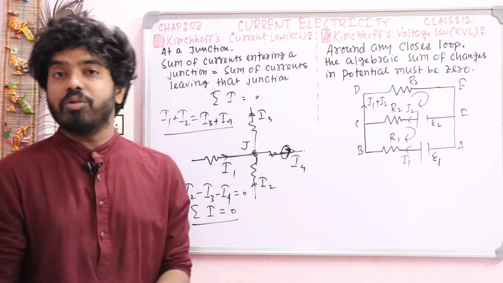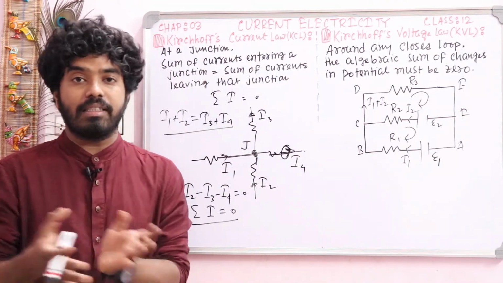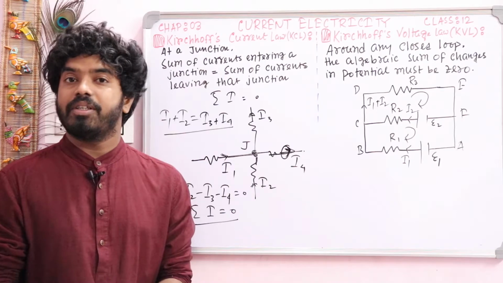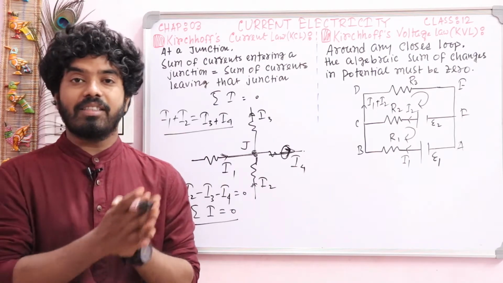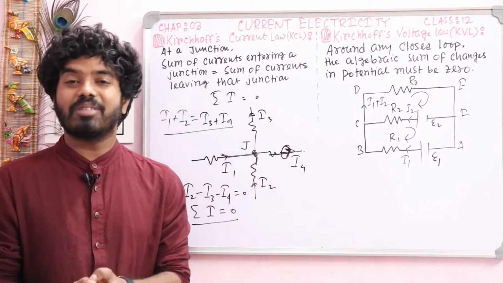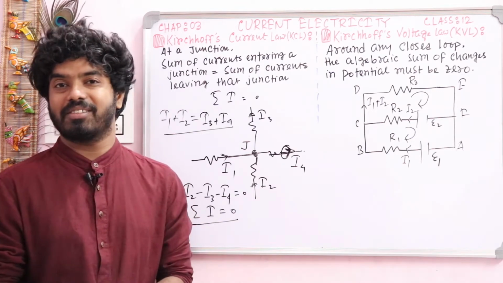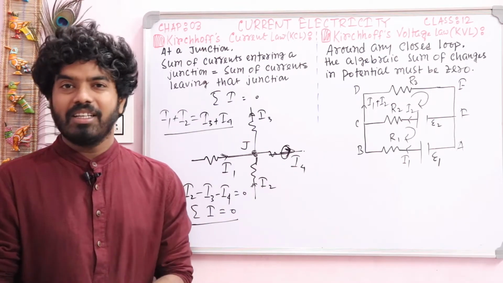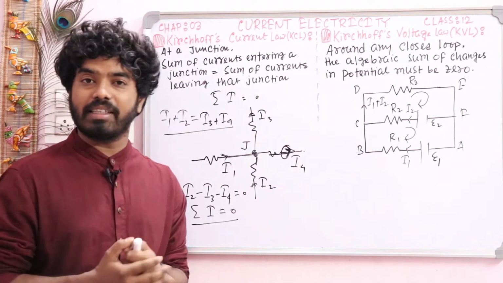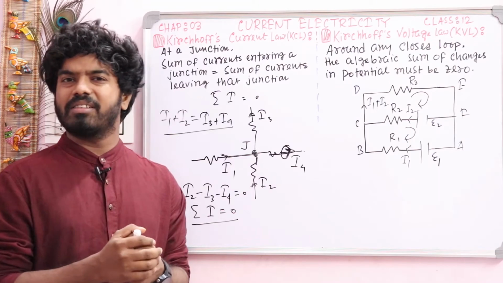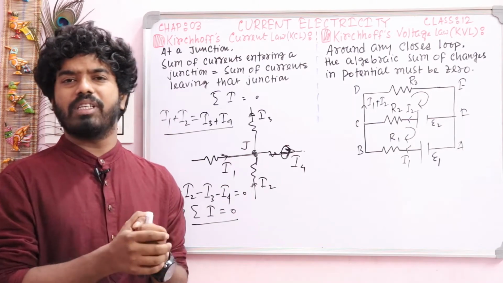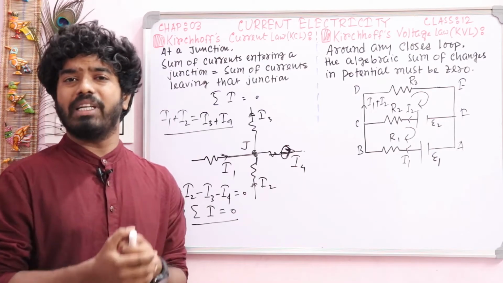Now students, the question is, this KCL is based on which conservation law? Your answer is, Kirchhoff's current law is based on the conservation law of charge. Why? All of you know, when a steady current flows through a circuit, there is no accumulation and no origination of charge at a point.